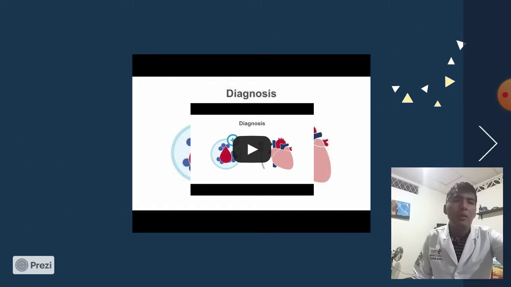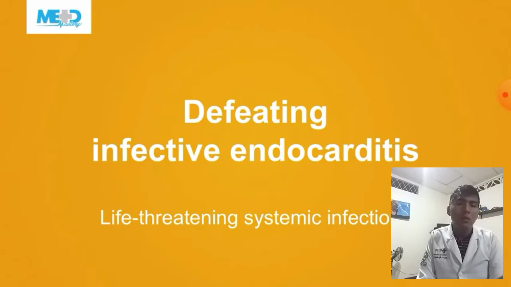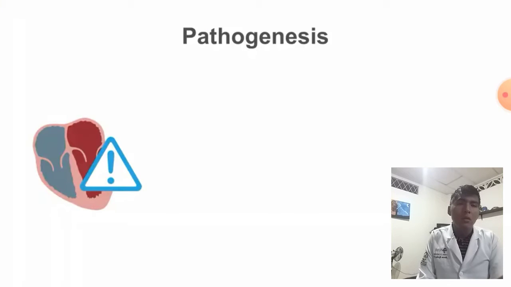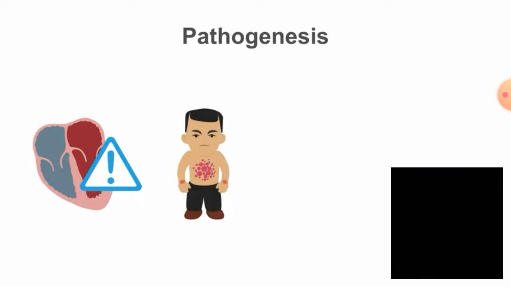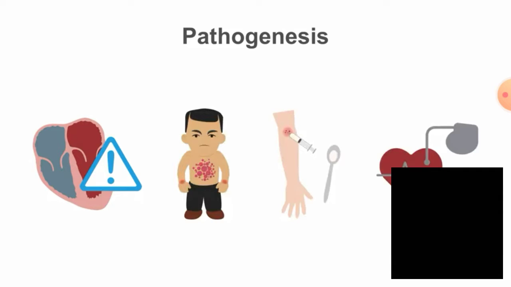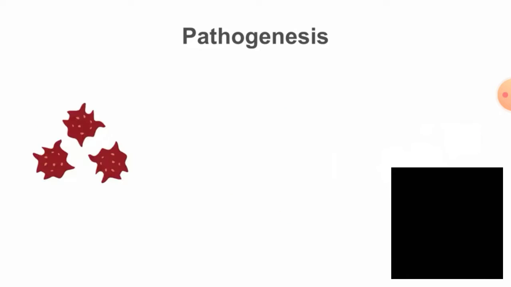The pathogenesis of infective endocarditis begins with damaged heart valves from congenital heart disease, rheumatic fever, IV drug abuse, and the placement of intracardiac devices such as implantable defibrillators and pacemakers.